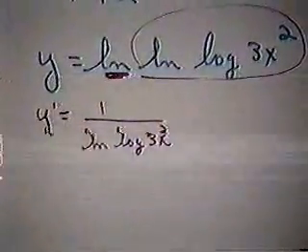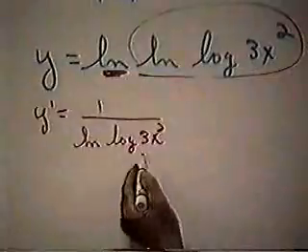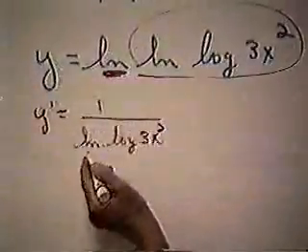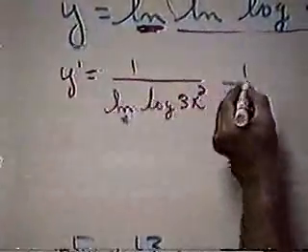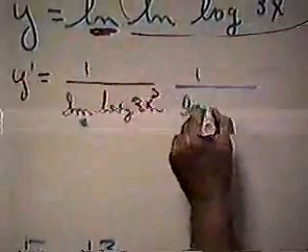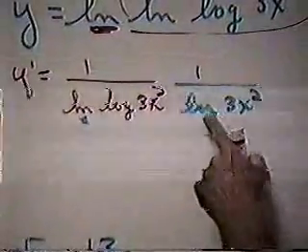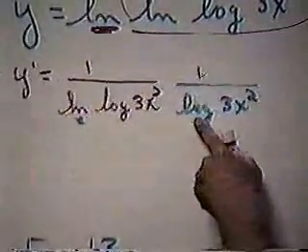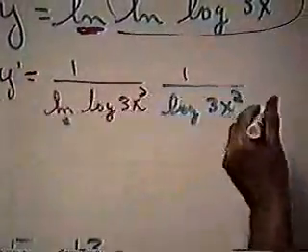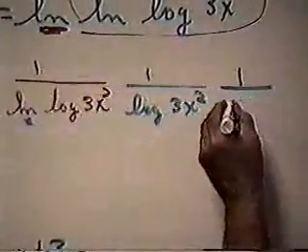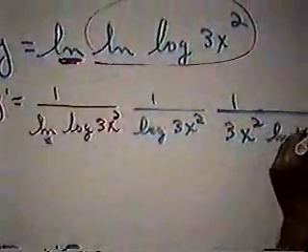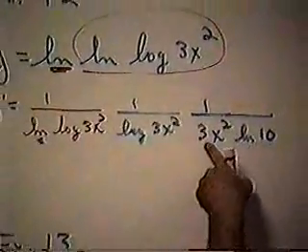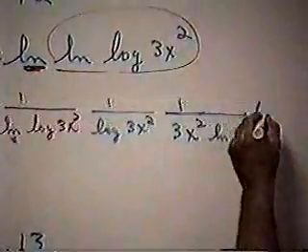Now remember what I told you? You now look at this down here. Don't go back and look at the problem. Look at this and take the derivative of this. Well, there's that log. So the derivative of that log is 1 over log of 3x squared. And then you look at that. Derivative of that is 1 over 3x squared. And remember, you tag on ln of 10. And then you take the derivative of that, which is 6x.